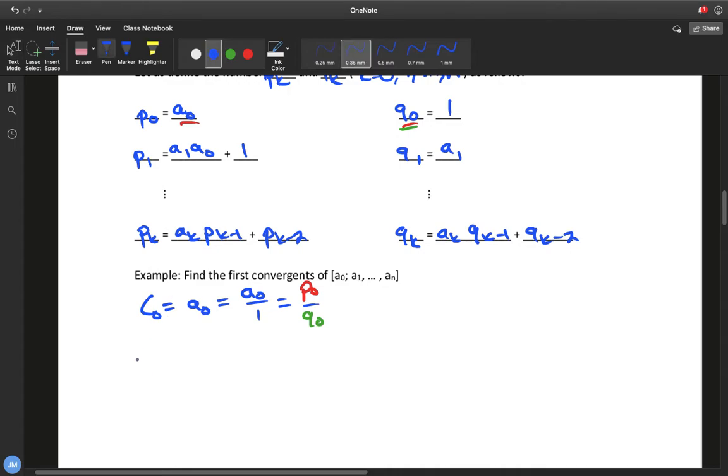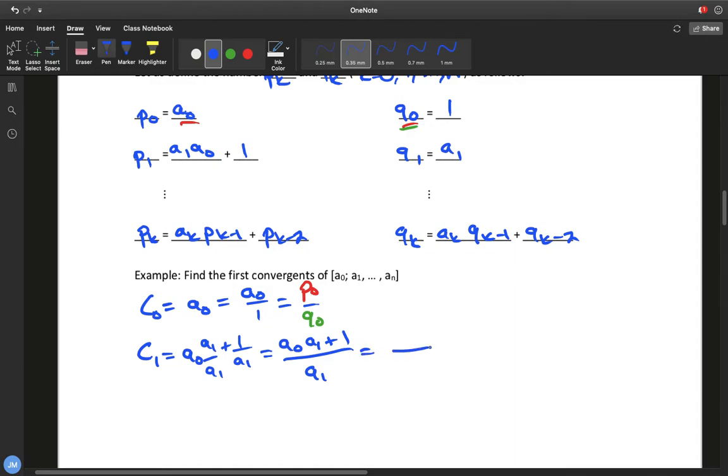Okay, let's find out what happens when C sub 1 is calculated. So C sub 1 would be the same as taking A sub 0 plus 1 over A sub 1. Multiplying A sub 0 by A sub 1 over A sub 1, getting your common denominator, you end up with A sub 0 multiplied by A sub 1 plus 1, all over A sub 1.